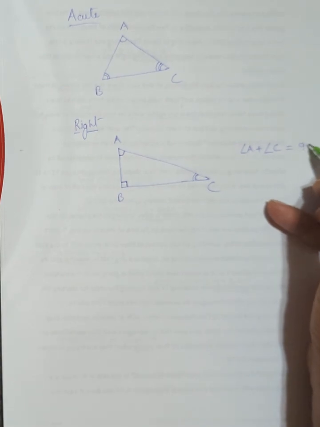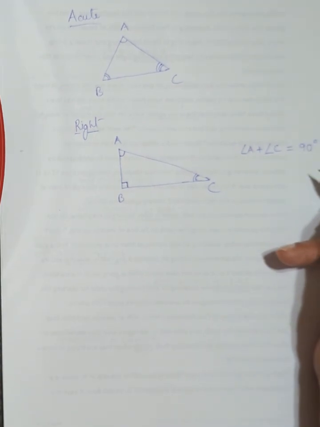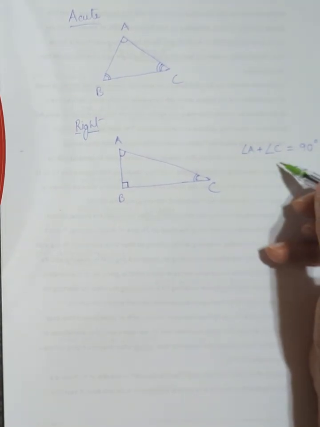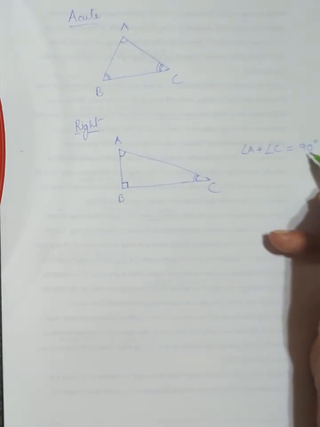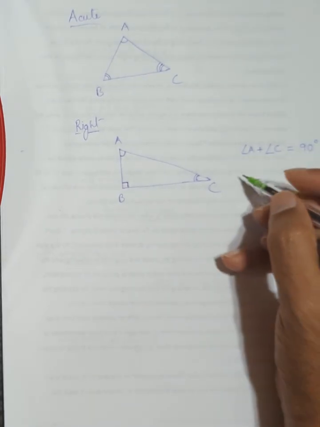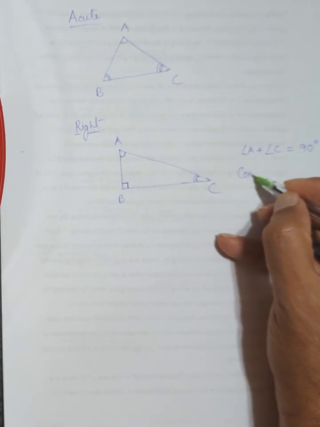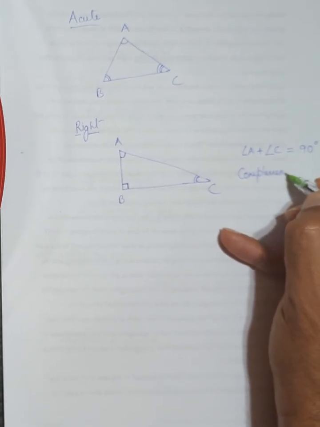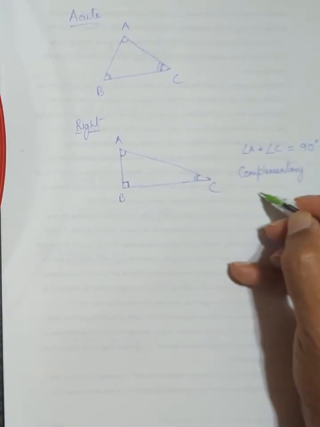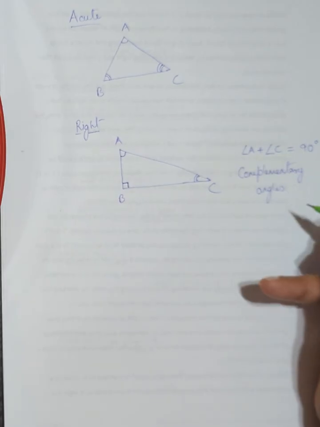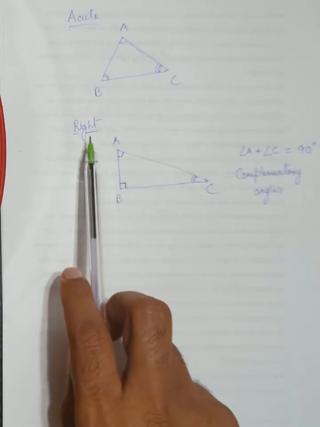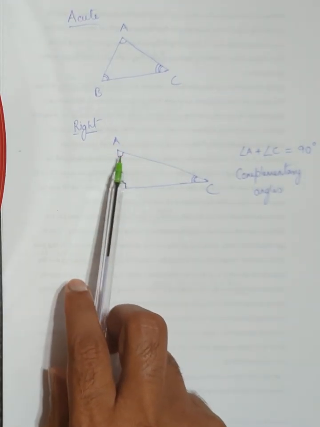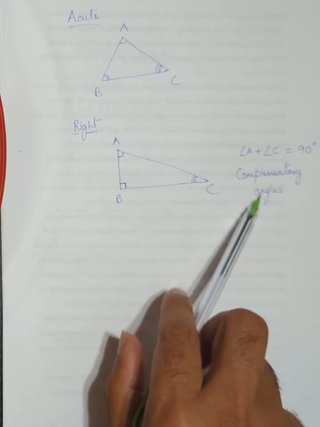It's going to be 90 degrees. Now, what do we call those kinds of angles that add up to 90 degrees? They are called complementary angles. So in a right triangle, the two acute angles are complementary.